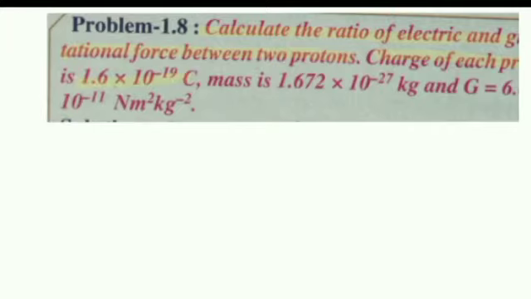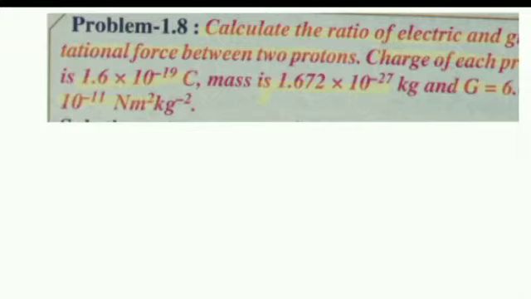Mass is 1.672 into 10 to the power of minus 27 kg. G value is 6.67 into 10 to the power of minus 11 newton meter square per kilogram square.